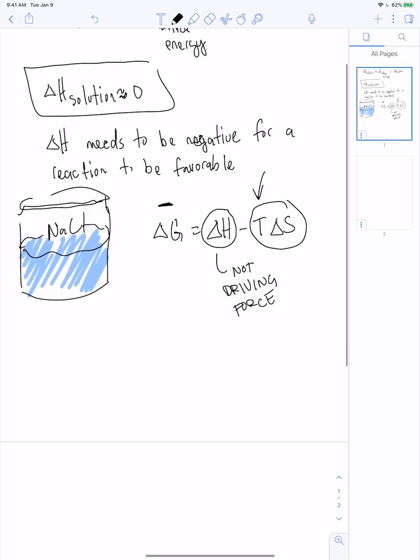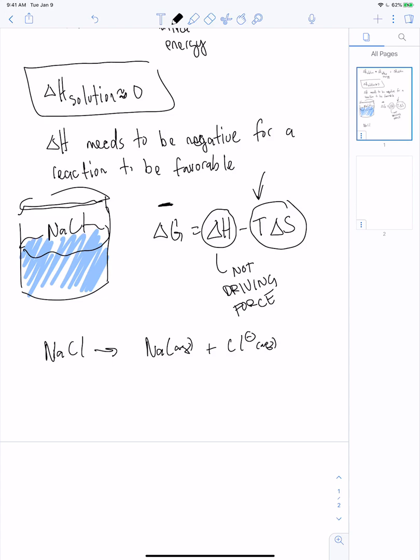And so, does it make sense that entropy is the driving force here? It's hard to really look at this and say that from first principles. So I have sodium and chloride, which are solids, and that's going to sodium that's aqueous as well as chloride that's aqueous. That's obviously entropically favorable. And then I have liquid water, so I'm forming bonds between the solute and the solvent.